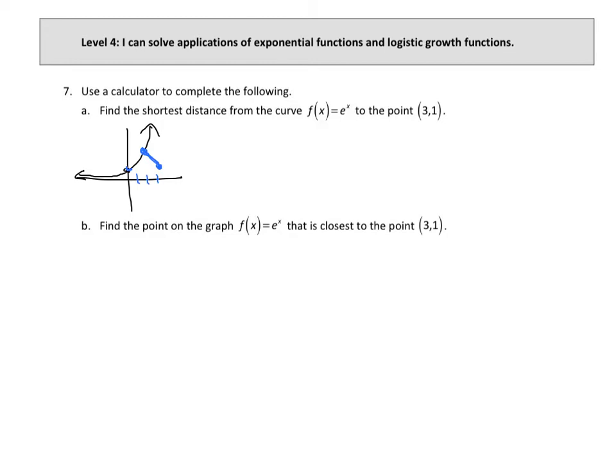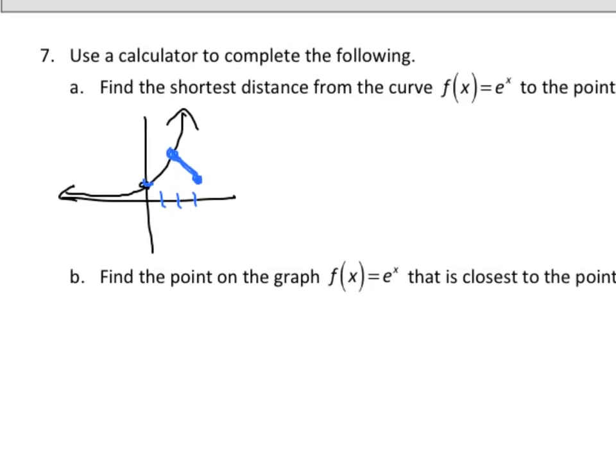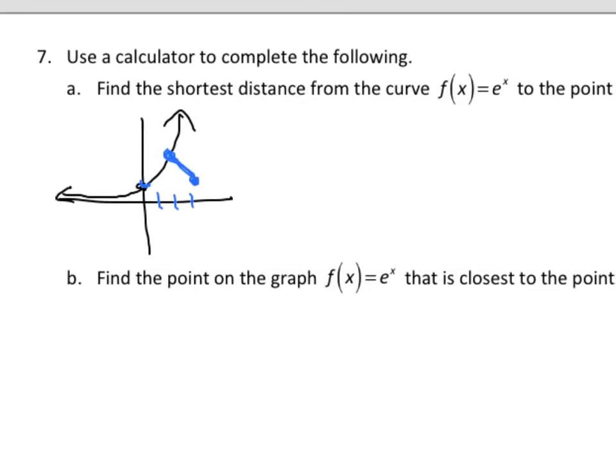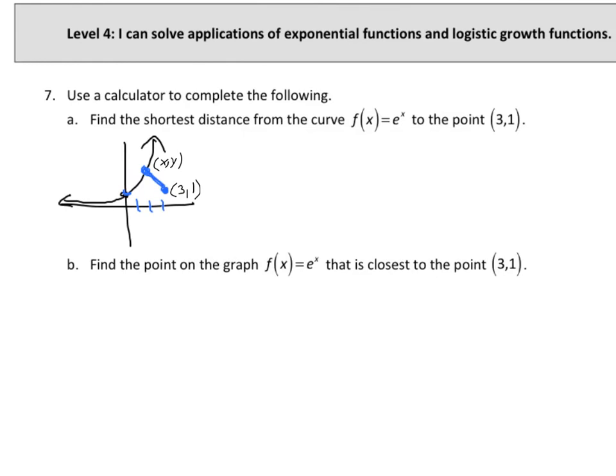Now, I don't know what point on the graph is going to be the closest. So I'm trying to find some xy pair right here that's closest to the point 3, 1. And the way I'm going to do this is using the distance formula.